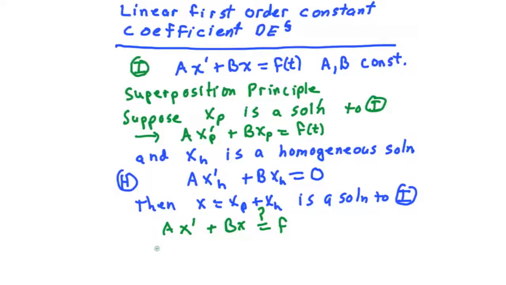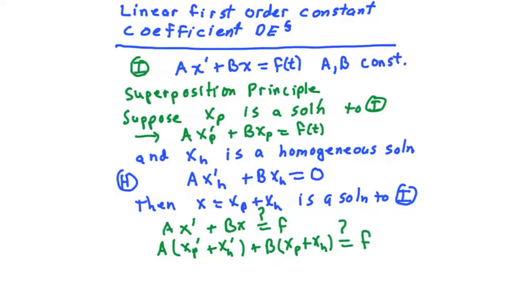Well, when I substitute it in, what I have is a times, well, x prime, x is x p plus x h, so that's just x p prime plus x h prime, and then plus b times x p plus x h equals, and as we're still questioning it, our f.